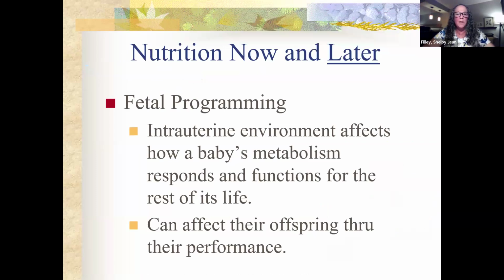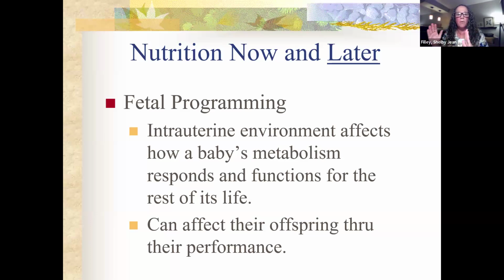So when we look at nutrition now and later, we're looking at things like fetal programming. The intrauterine environment affects how a baby's metabolism responds and functions for the rest of its life, not just its birth weight or its weaning weight.